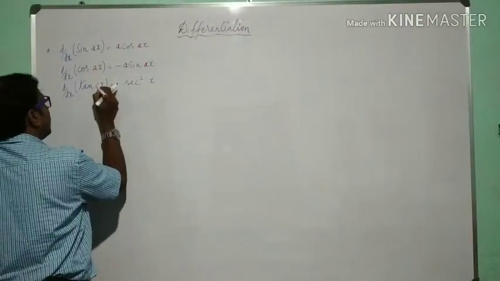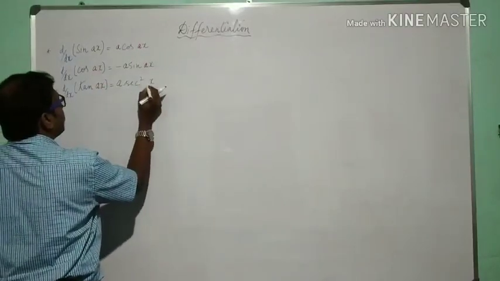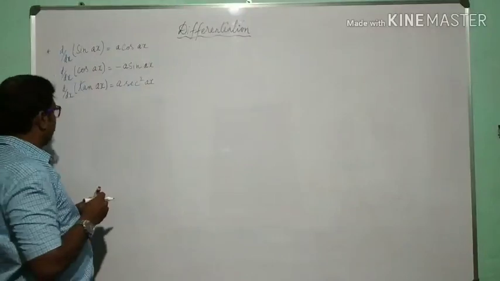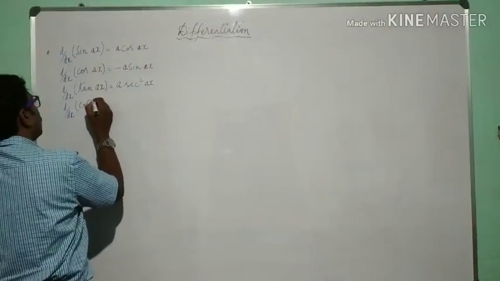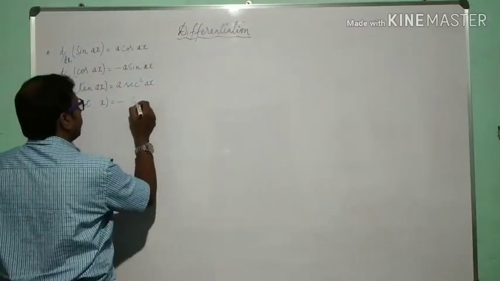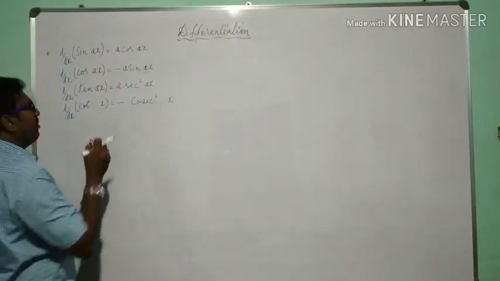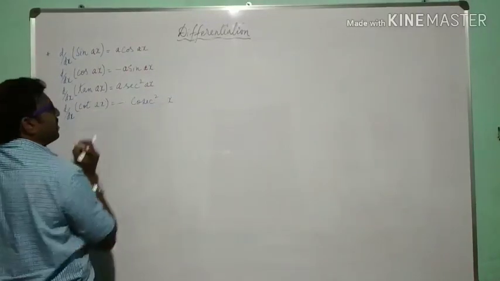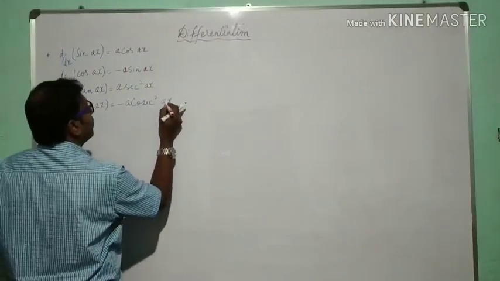Similarly, if it is tan ax, its derivative is a secant square ax. D by dx of cot x is minus cosecant square x. We take ax here, and take a here and here also.